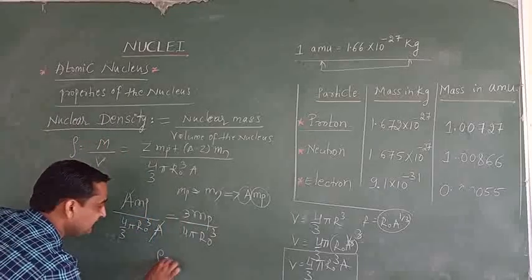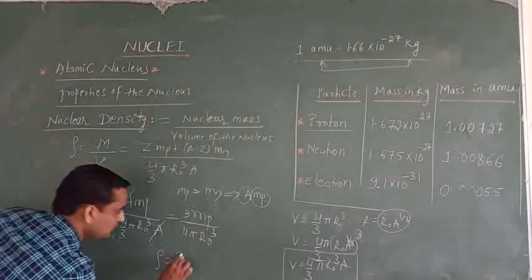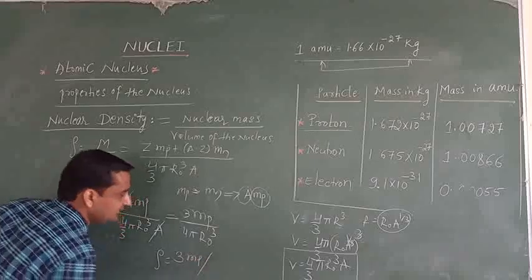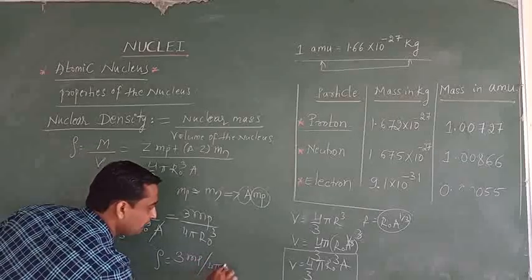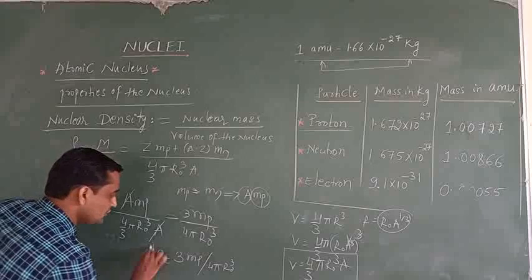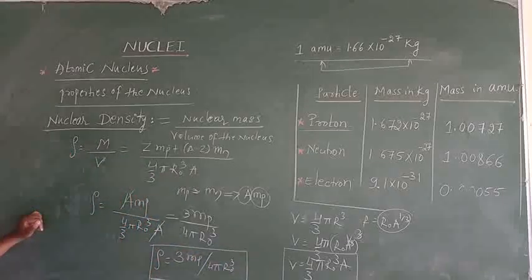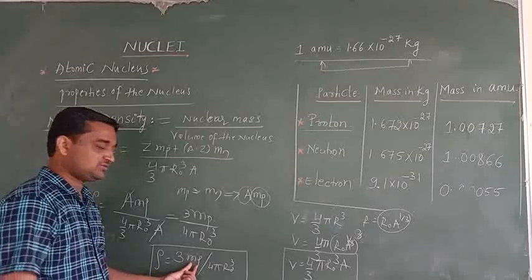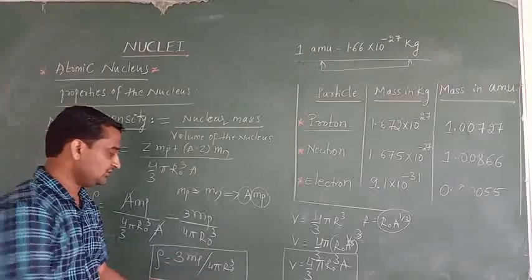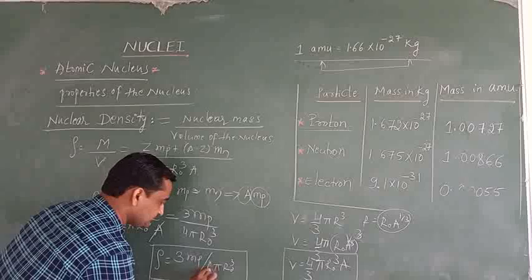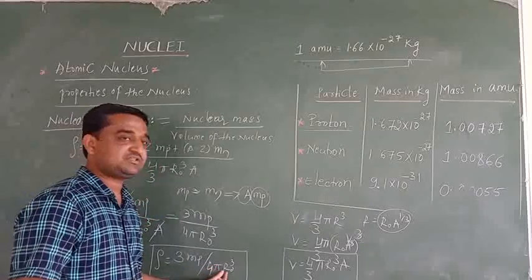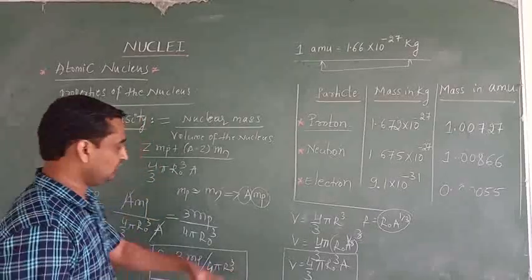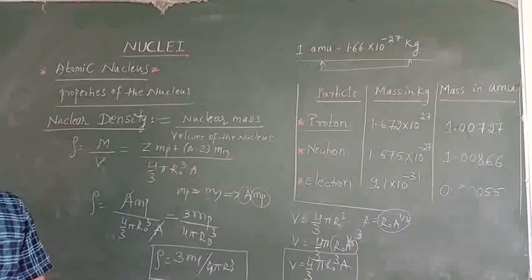So density finally, rho is equal to 3 into Mp divided by 4 pi r naught cube. All terms involved in this equation are constants. Mass of the proton is constant, 3 is constant, 4 is constant, pi is constant and r naught is constant.